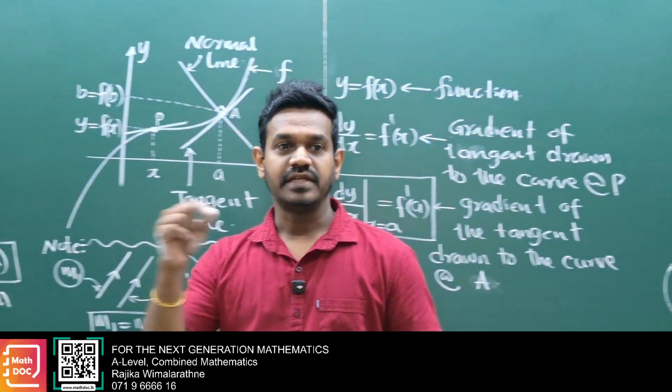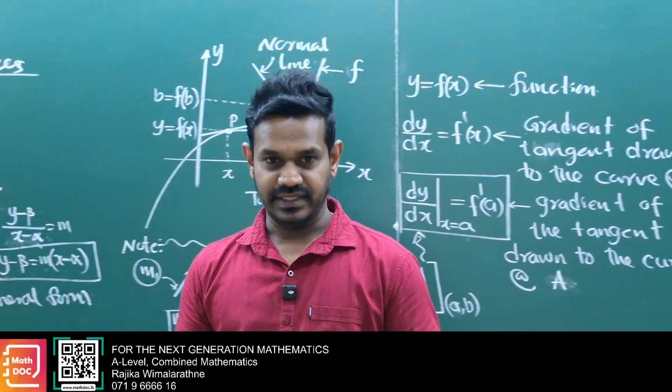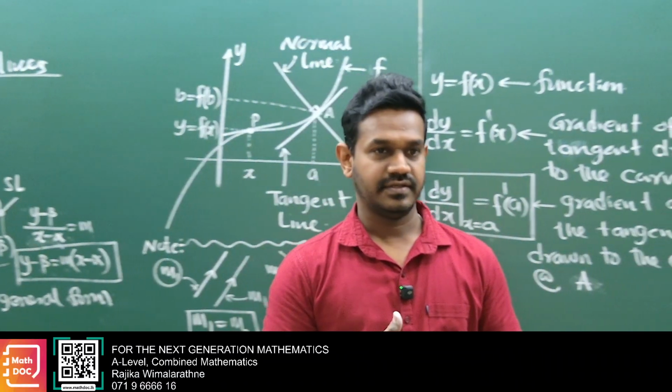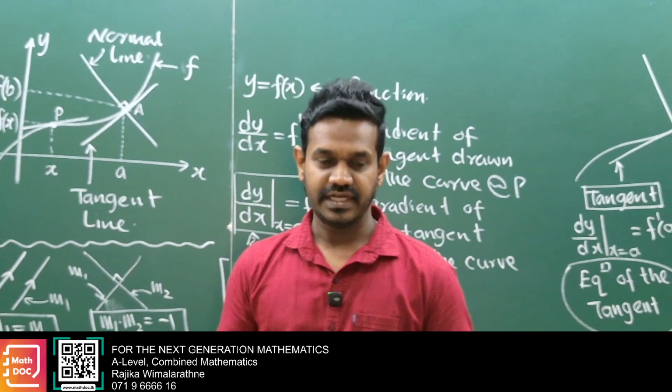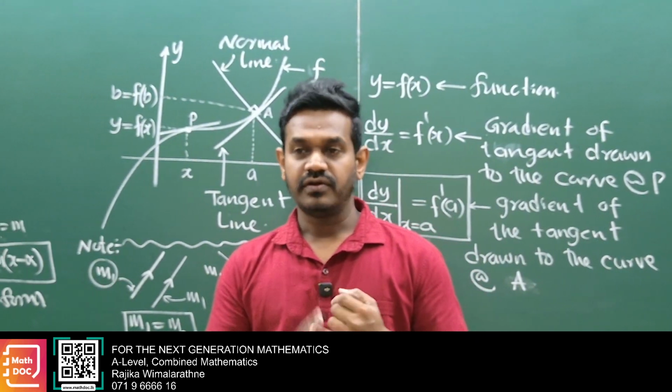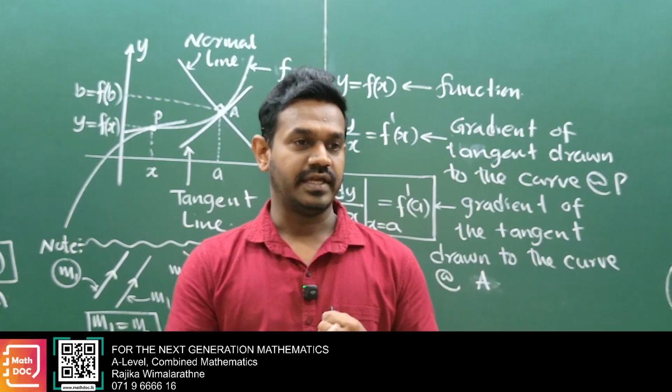Then you substitute that point into dy/dx and find the gradient. Then we get the gradient of the tangent. Now we know the gradient of the tangent and we know the point.